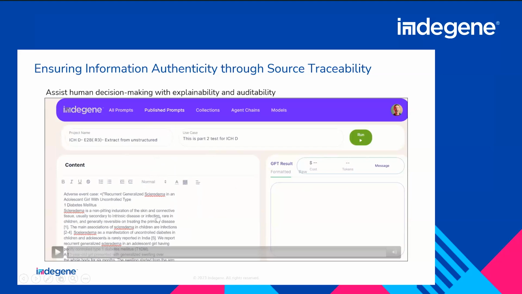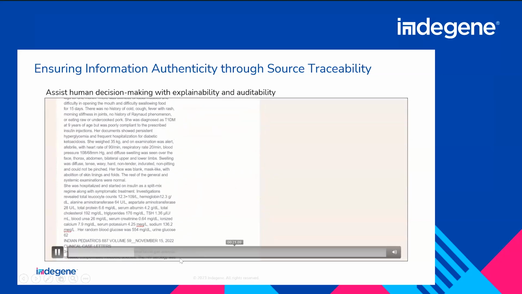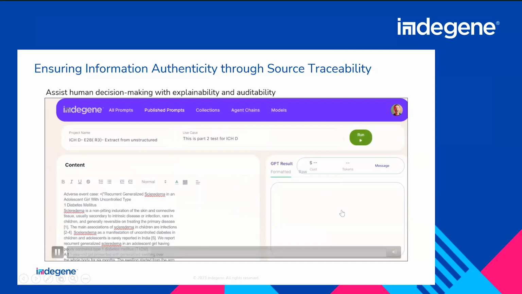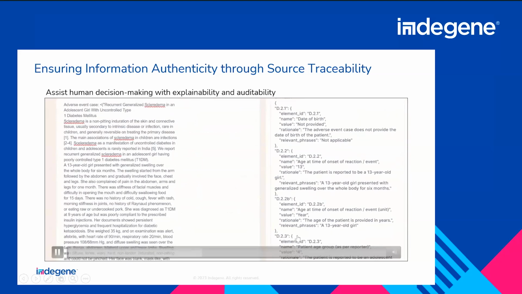On the left-hand side, the article is taken in and provided as an input to the generative AI model. The model is going to run, and we will soon see the output on the right-hand side. What is interesting to note is that we are extracting multiple different fields that are relevant for ICSR processing, right? This is section D within the ICSR part.